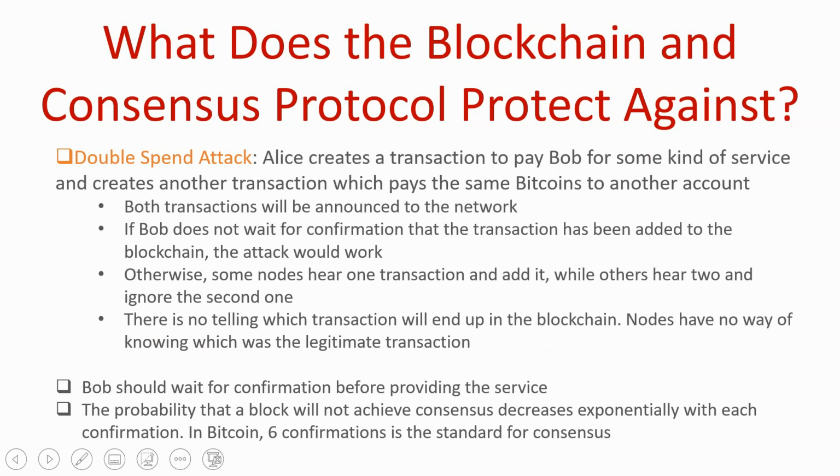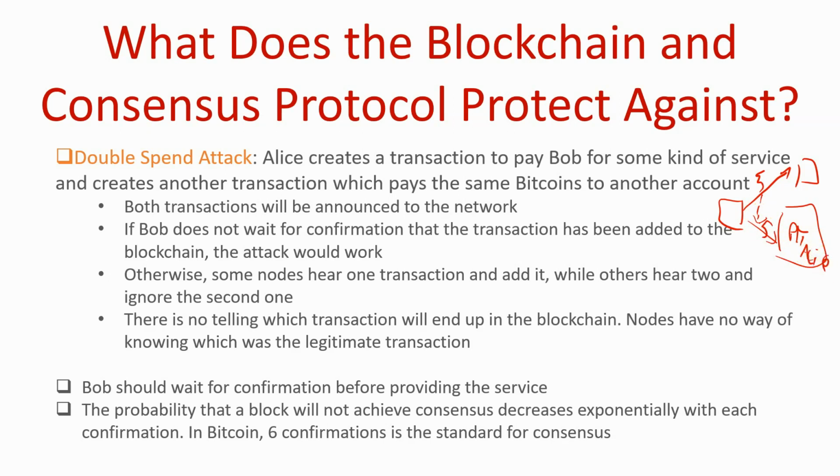Now, Alice is a malicious user, so she sends these Bitcoins to Bob, but she also creates another account, another public key, and then she transfers the same coins that she sent to Bob to herself. So Alice generates two transactions. One transaction says transfer 5 Bitcoin to Bob, and the other transaction says transfer the same 5 Bitcoin that were transferred to Bob to another account that is also owned by Alice. So in a sense, Alice has paid herself.